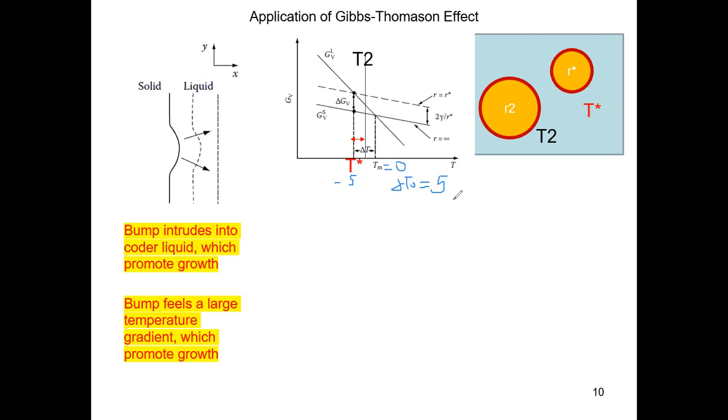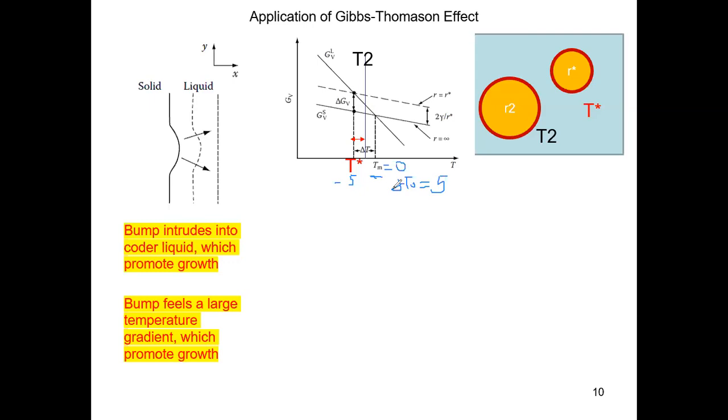But if you look at this more carefully, we say that my delta T naught is 5 degrees, meaning that the supercooling is 5 degrees Celsius. But this 5 degrees is with respect to what system? This 5 degrees of supercooling is with respect to the system which has a melting temperature of 0.